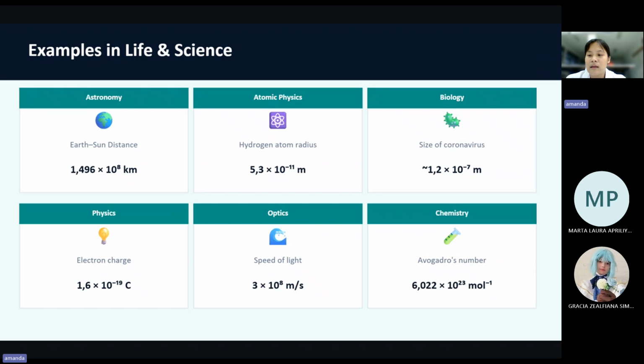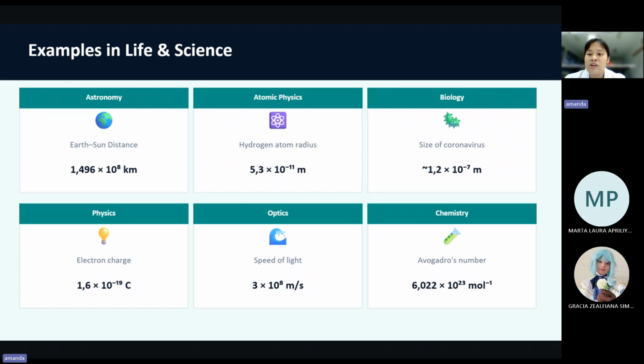That is incredibly small. Biology: the size of a coronavirus is approximately 1.2 times 10 to the power of negative 7 meters.